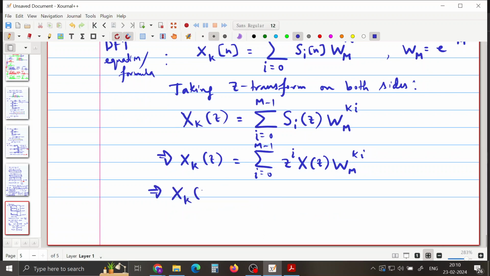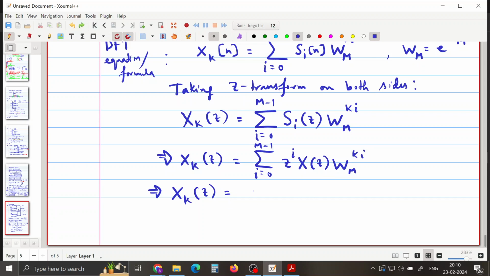Now you see the index of summation is I, the variable which runs from 0 to m minus 1. But this term here, x of z, is independent of I. So I can simply bring this term out of the summation. The rest of the two terms, z to the power I and Wmk to the power I, are both dependent on I, so they are the variable terms.